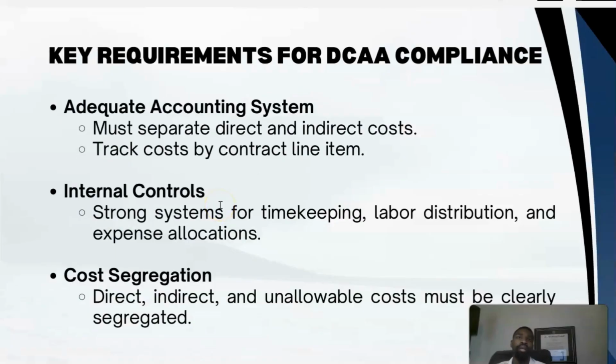This next slide is going over those key requirements of what I was talking about as far as the third-party apps being connected to QuickBooks. Let's go over the adequate accounting system. Direct and indirect costs must be separated and tracked on that contract line item. You can't just lump all your expenses under one account. It has to be broken up per that contract line item, and also it has to be separated between direct and indirect costs.